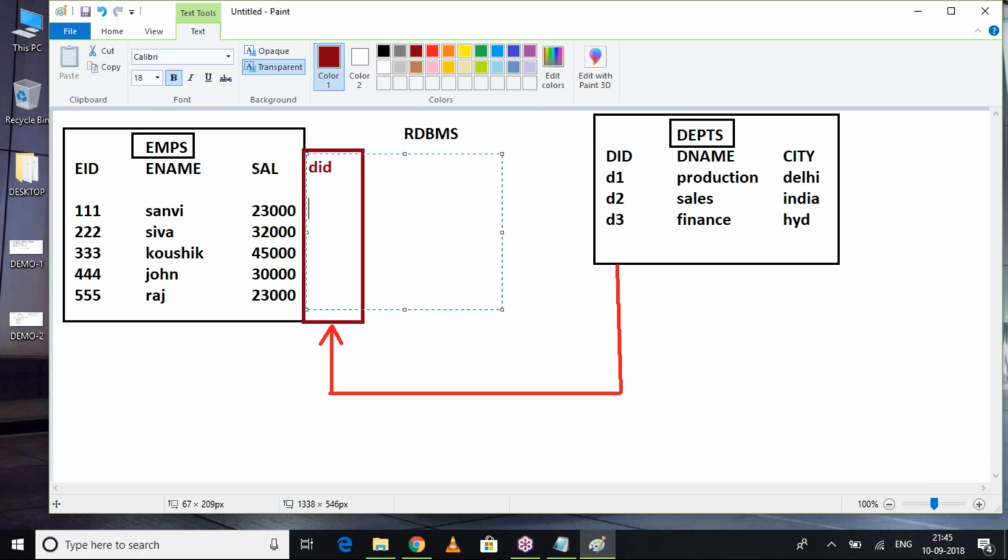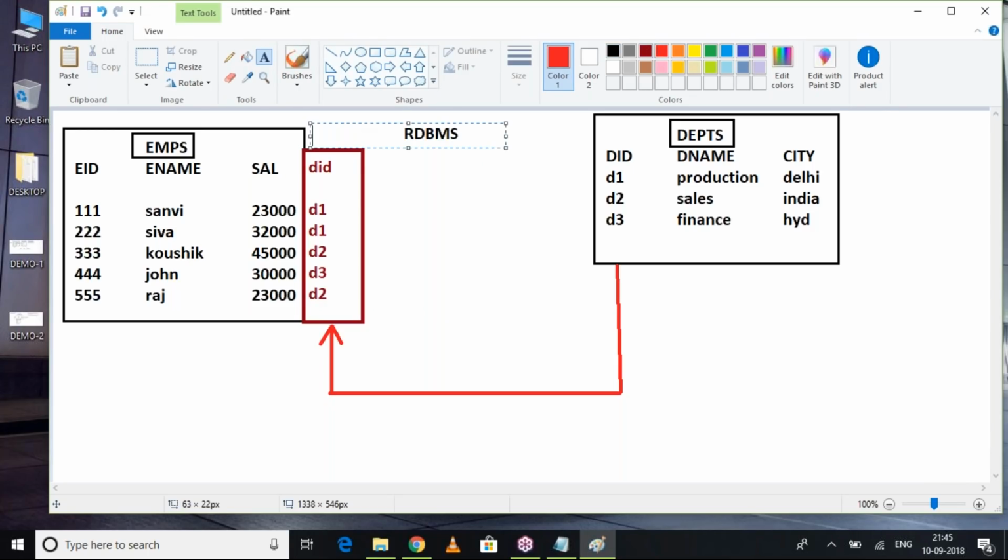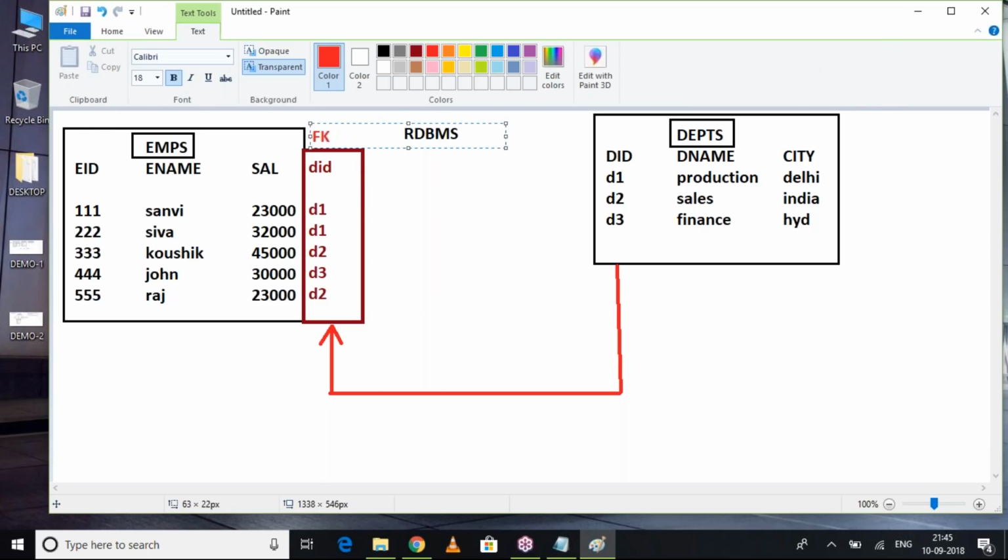Department ID: Department 1, Department 1, Department 2, Department 3, and the last one Department 2. So this is called a foreign key column. And here also it is called the primary key column.